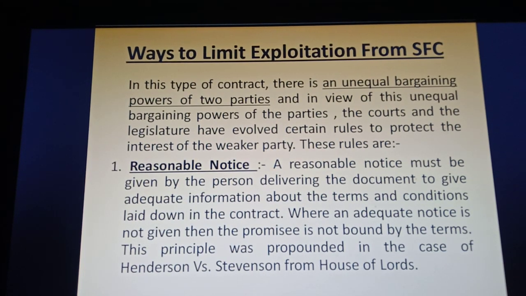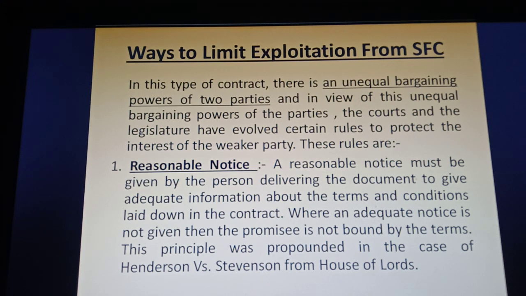In this type of contract, one party is in the weaker position because there is unequal bargaining power of the two parties. And in view of this unequal bargaining power, our courts and legislature have evolved certain rules so that the interest of the weaker party can be protected under the law.